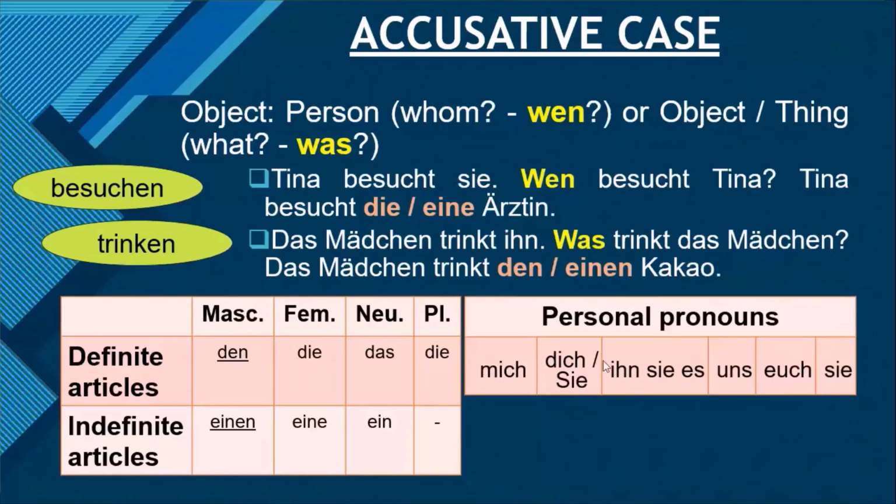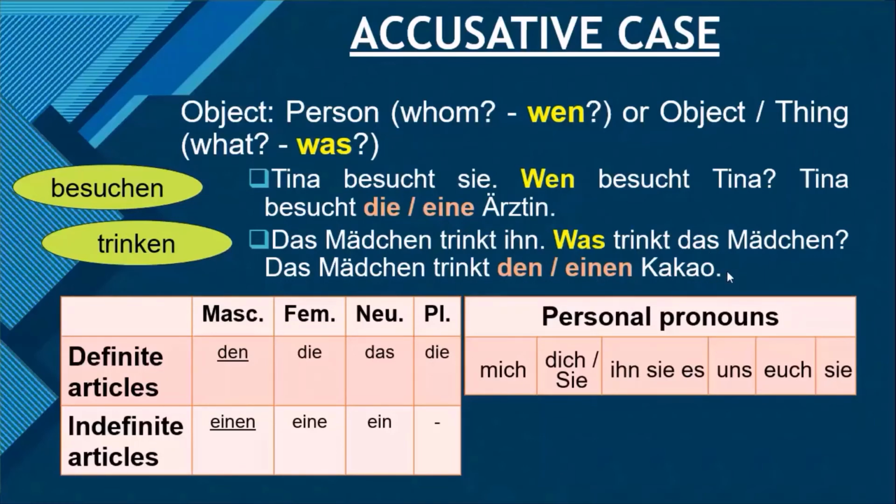Now, ihn is actually him, but as I mentioned already, German nouns will have genders whether the nouns are people or even things. So, of course, this sentence will not make sense if we translate it in English because it means the girl is drinking him. But in here it refers to the thing.